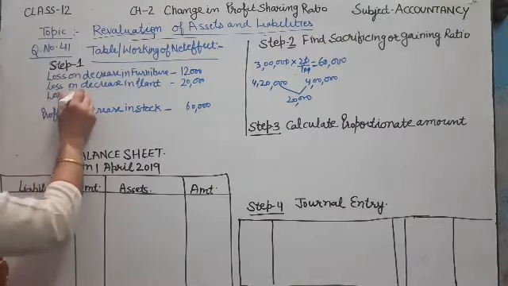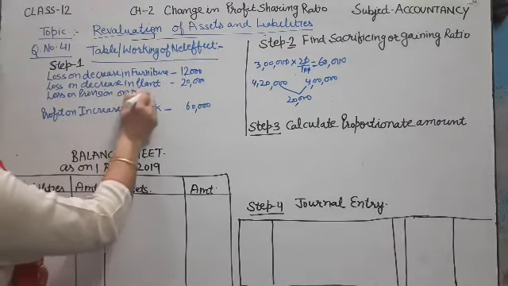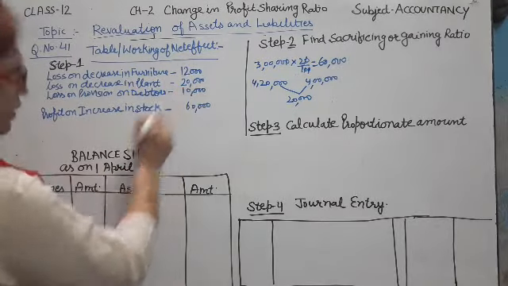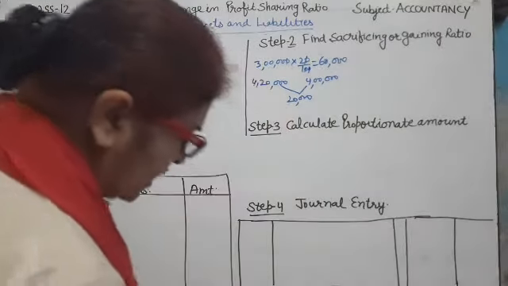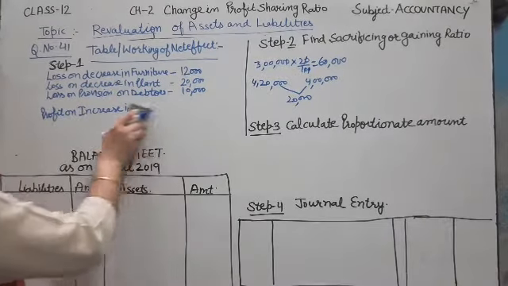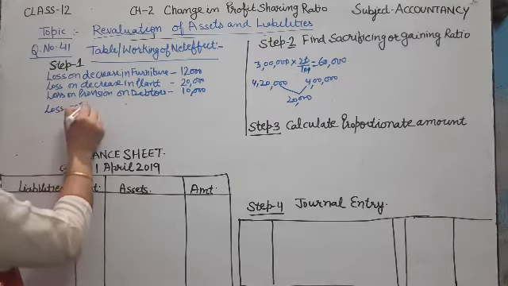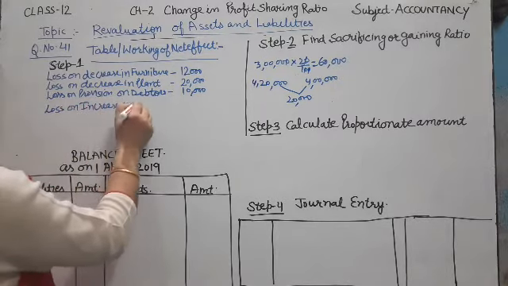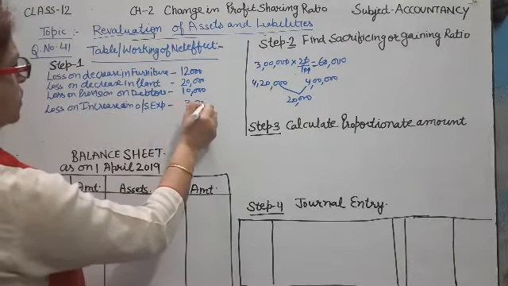Loss on provision on debtors is equal to 10,000. And the next adjustment is outstanding expenses be increased by 3,000. So loss on increase in outstanding expenses is equal to 3,000.